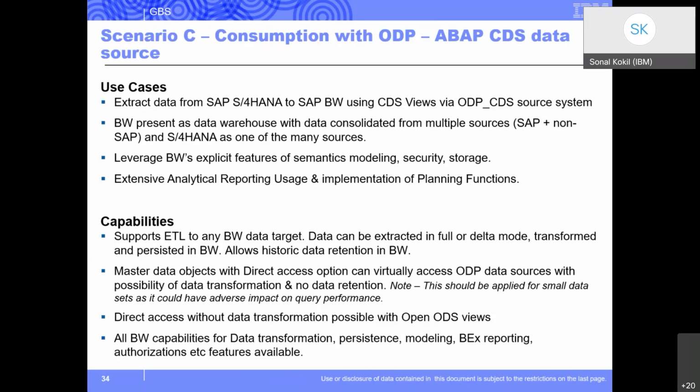I would say this is a very good option. You extract data from S4 to BW using a CDS view via the ODP CDS source system. If you log into your BW modeling perspective, you will see this ODP CDS option. So how will your CDS be ODP enabled?